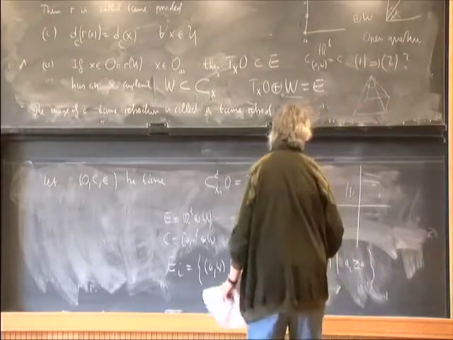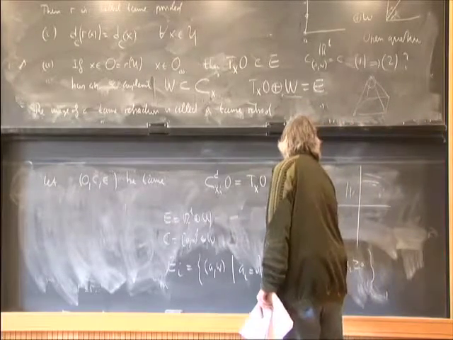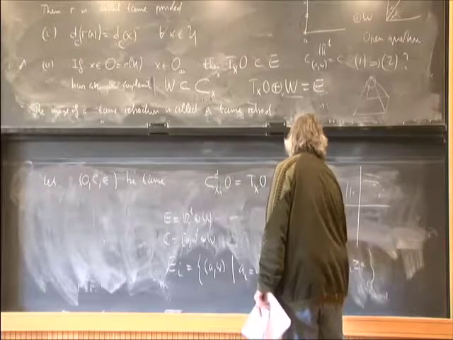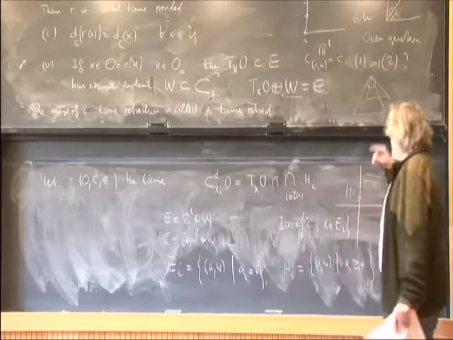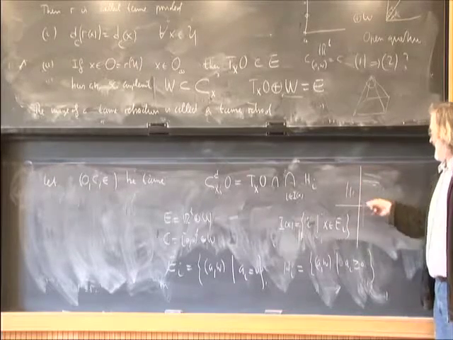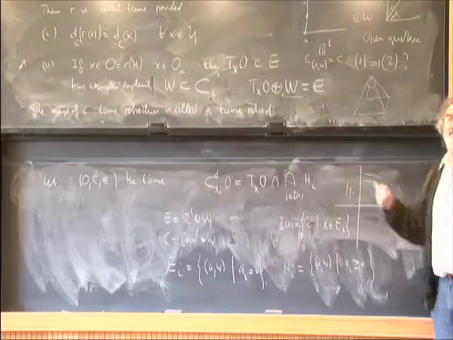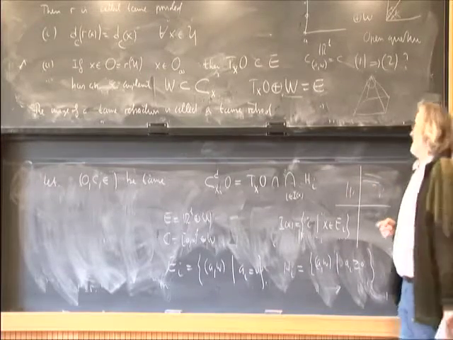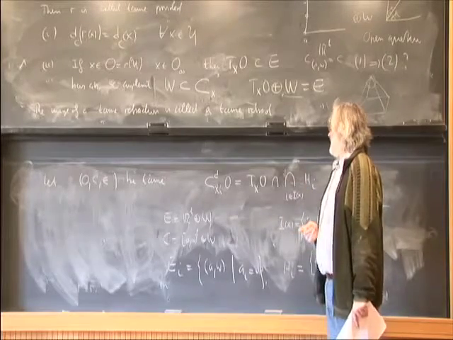Okay. So then I of x is all indices such that x lies in EI. So I look at all indices that lie in this hyperplane. So for example, if I'm in the interior, I of x is empty. So then this here would be what?